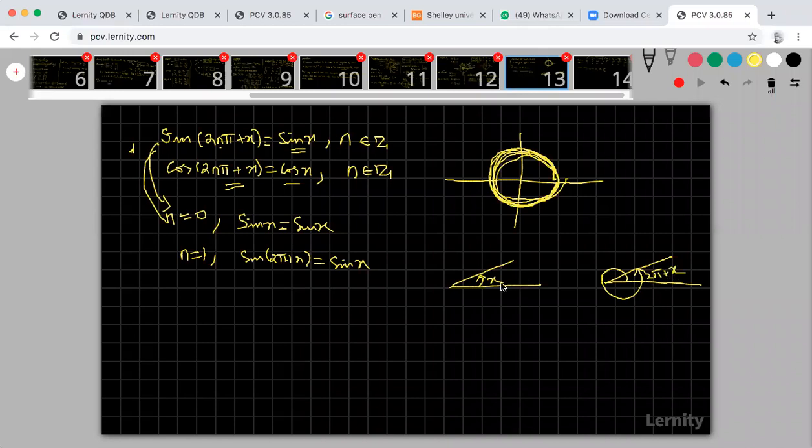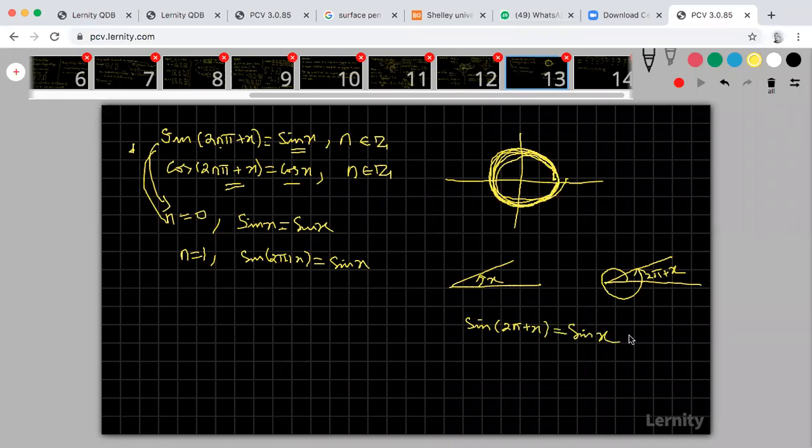So this is my x, and this is my 2 pi plus x. For these two values the angle is different. Your angle x may be an acute angle, but 2 pi plus x is more than 360. But 2 pi plus x and x have the same sine value.